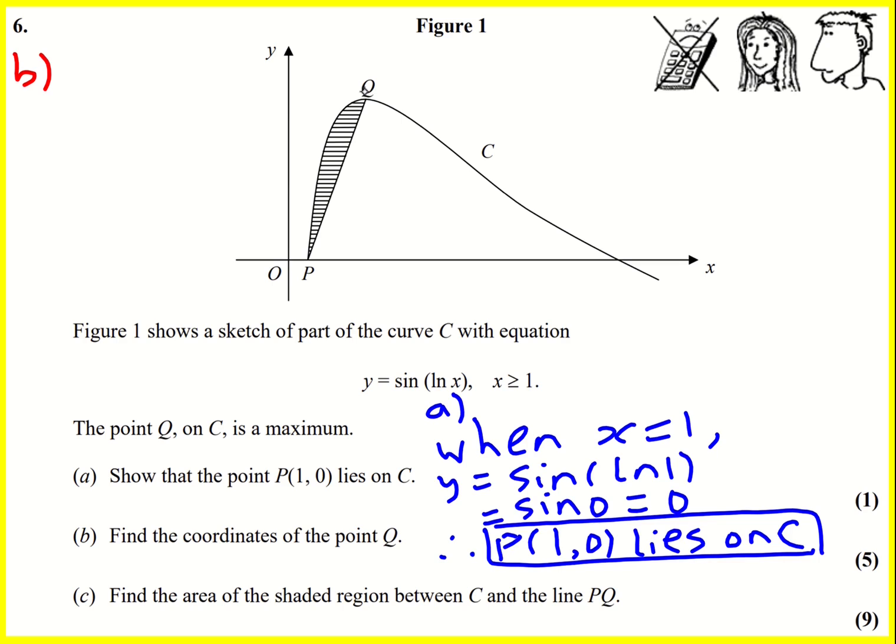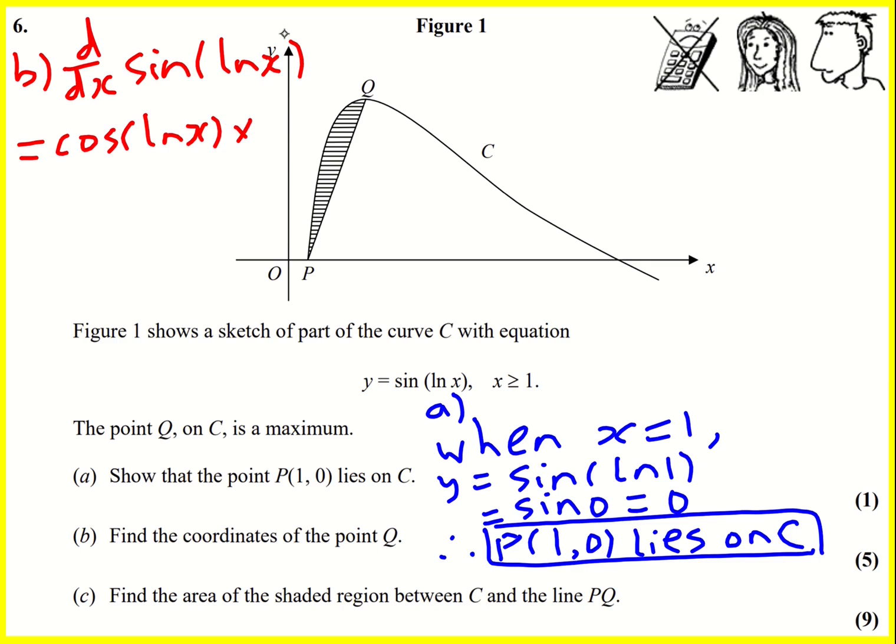Well, this is a stationary point. It's going to be the maximum, so we can differentiate sine of ln x. If we do that, we get cos of ln x, and then we need to times that by ln x differentiated, which is 1 over x. So I've used the chain rule.